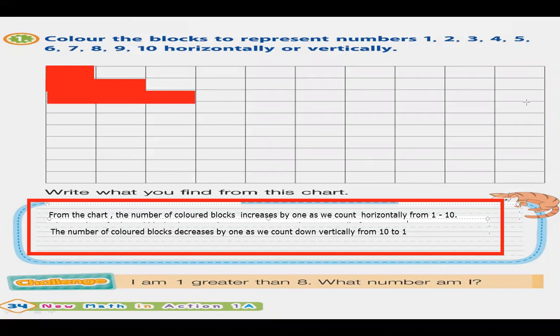Okay, up to 10. Remember, you have to color it up until 10. Okay, that's it, students. 1, 2, color like this. Okay, so you have to color this area. All right, that's it, students.